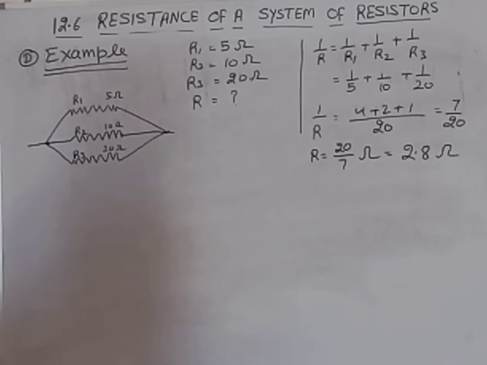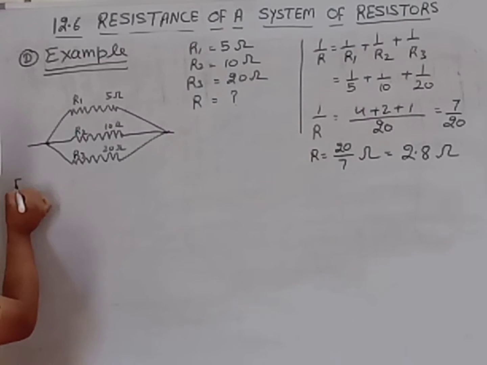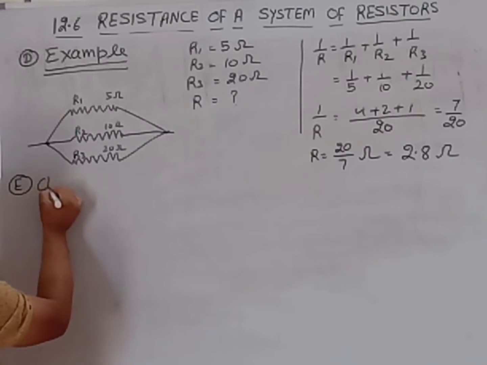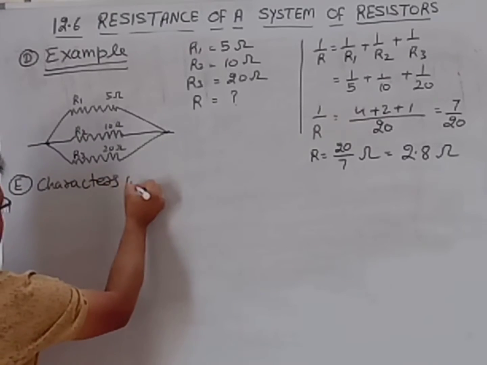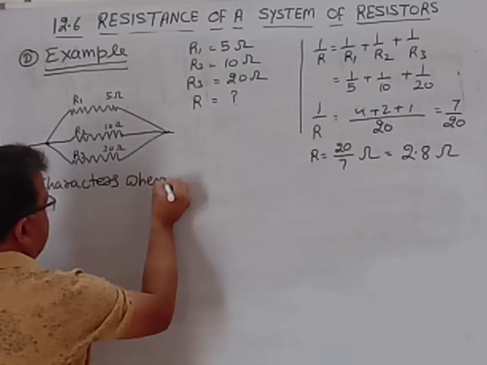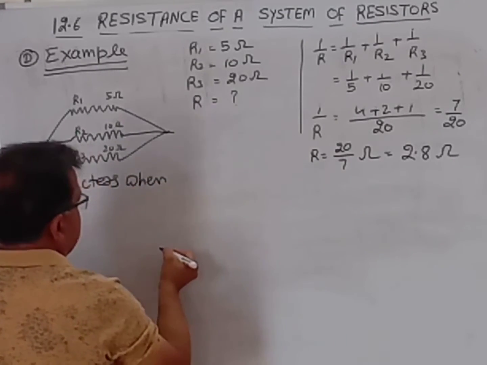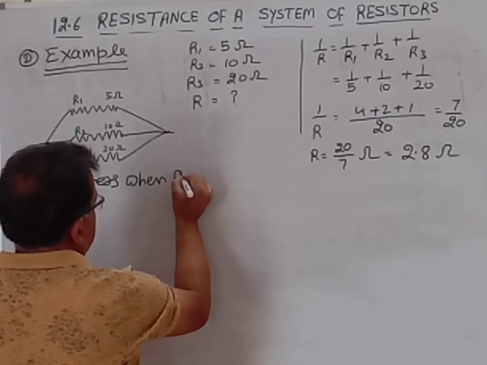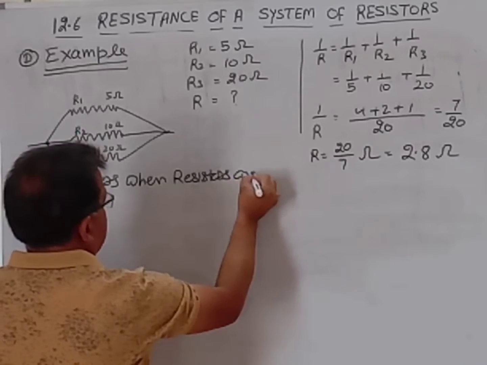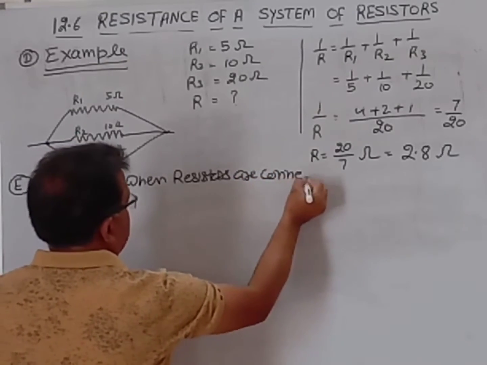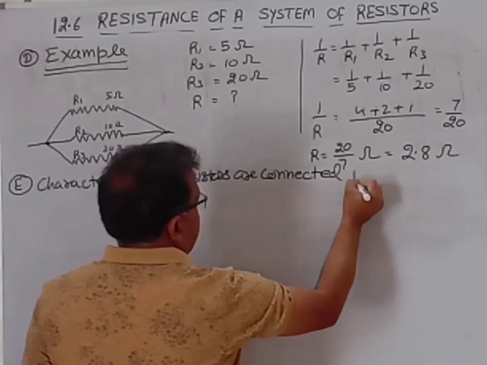Now the next point is the characteristics when resistors are connected in parallel.